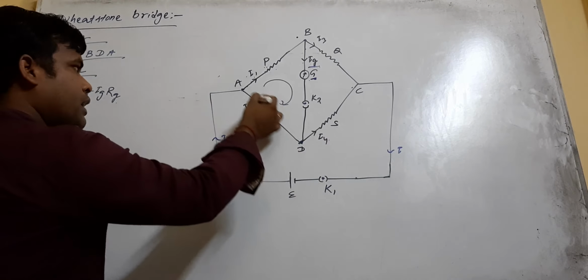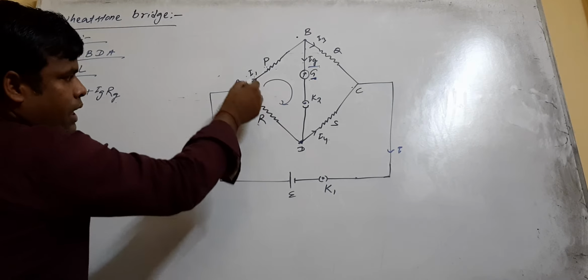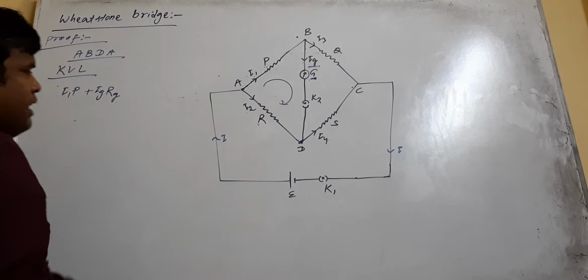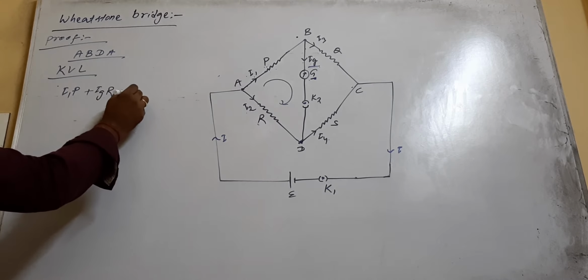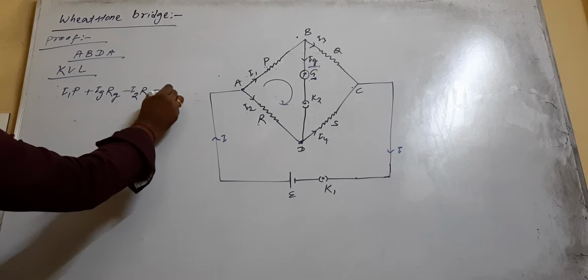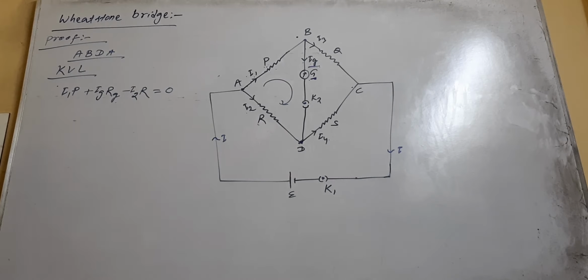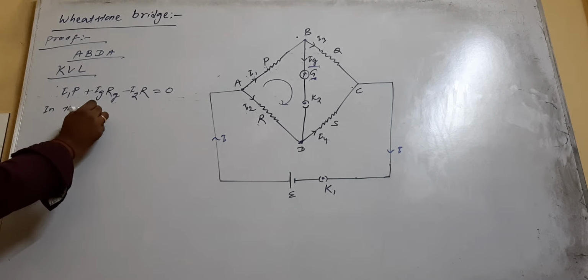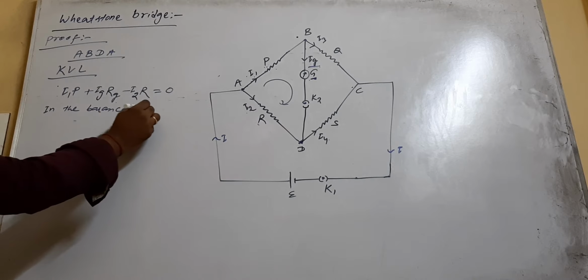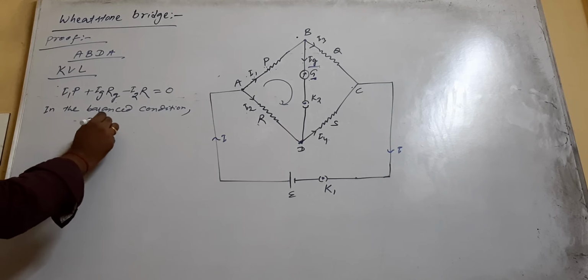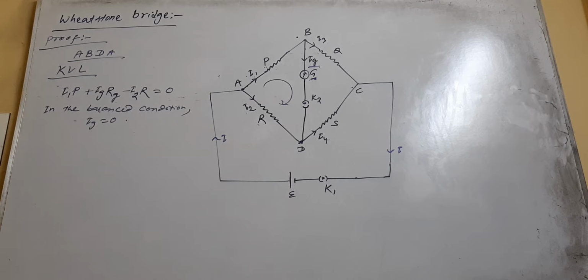Then from D to A, you see it is the direction of the current. You are going in the opposite direction of the current, that is the sign is negative, that is minus I2R is equal to 0. In the balanced condition, Ig is equal to 0.